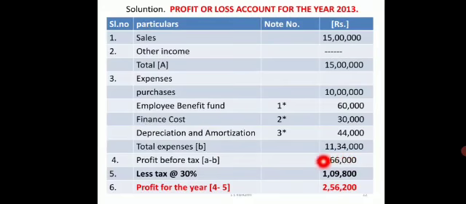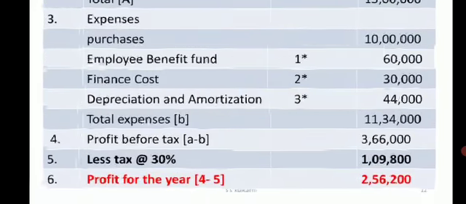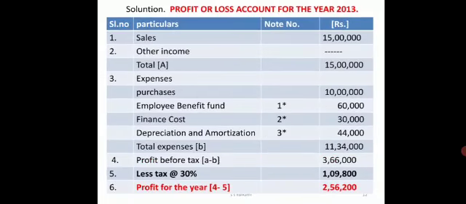On this 3,66,000 I should provide tax at 30%, which amounts to 1,09,800. So the difference remaining after tax is the profit or surplus for the year.